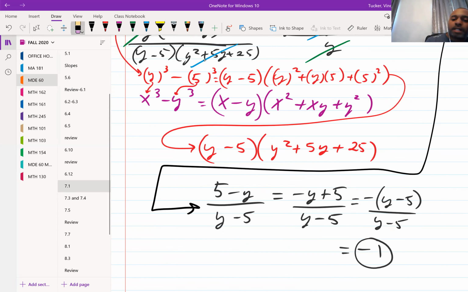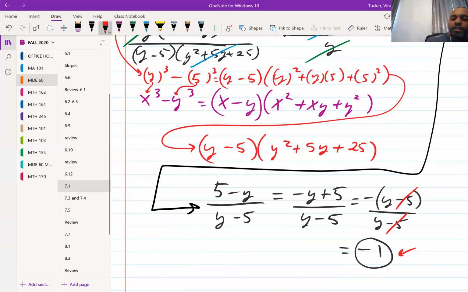And so I recognize that I have opposite signs in each case. I have negative y and positive y here, positive 5 and negative 5 here. Whenever that is the case, if I factor out a negative, that would leave me with that y minus 5 in the numerator. And now I can cancel out y minus 5, and that is equal to negative 1.